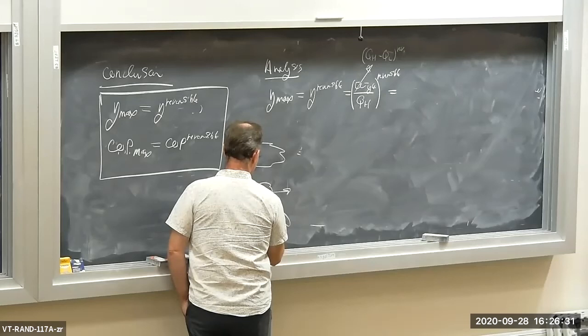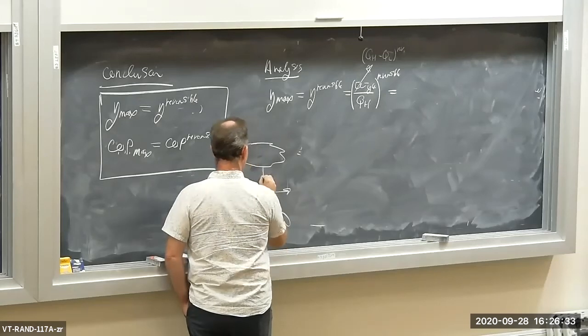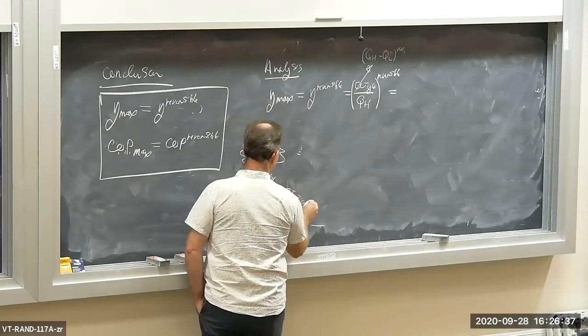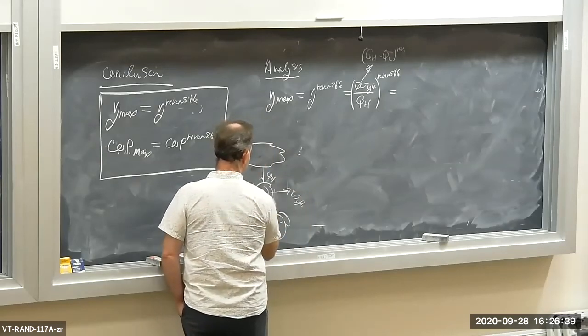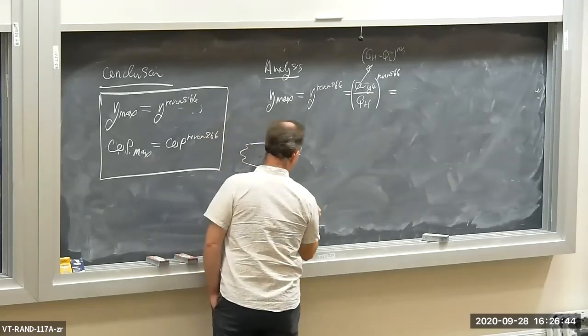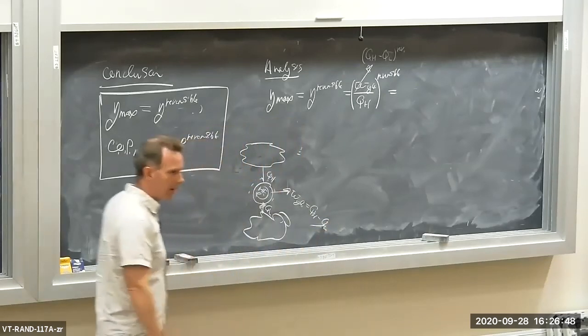Apply the energy balance to the heat engine over the cycle, and you get that the cycle work is Q high minus QL, just from the energy balance.